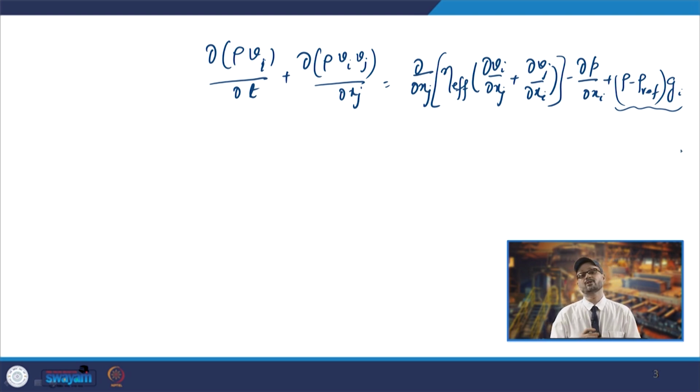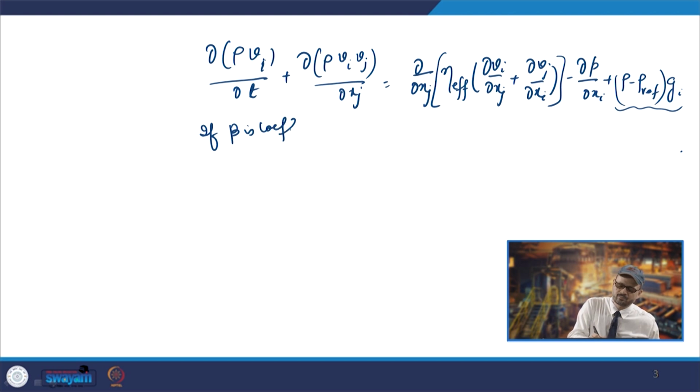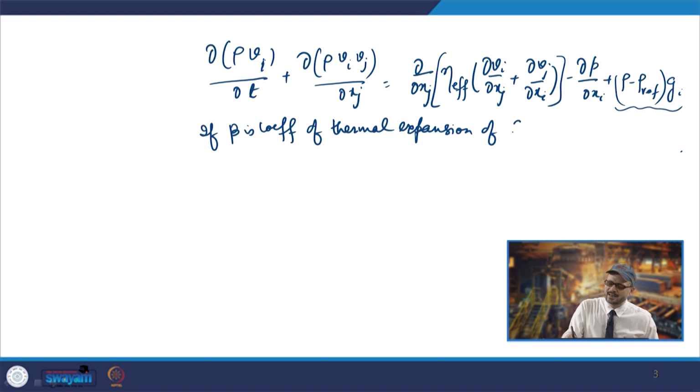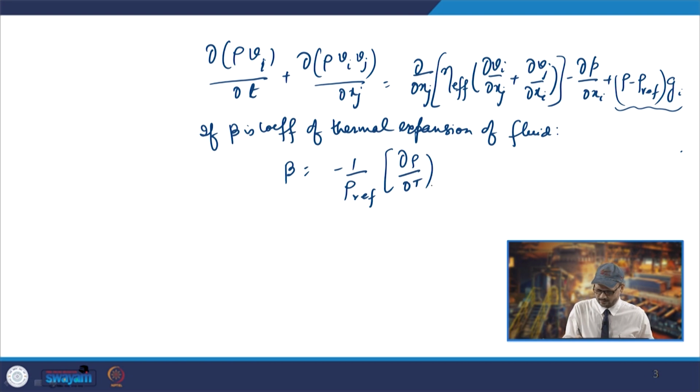Now, if beta is the coefficient of thermal expansion of the fluid, in that case you can express beta as nothing but the change of the density: minus 1 by ρ reference, and then ∂ρ/∂T at constant pressure.